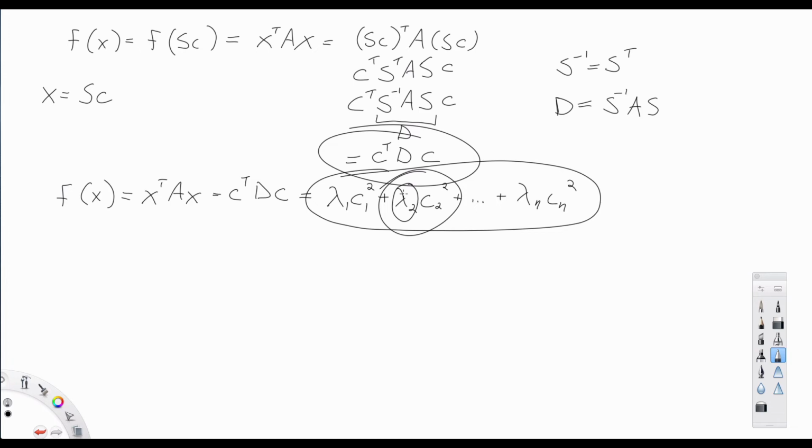But if we have a small eigenvalue, say close to 0, in the direction of the corresponding eigenvector, then if we move in that coordinate direction, it's going to be fairly flat. We're not going to have a very large increase.